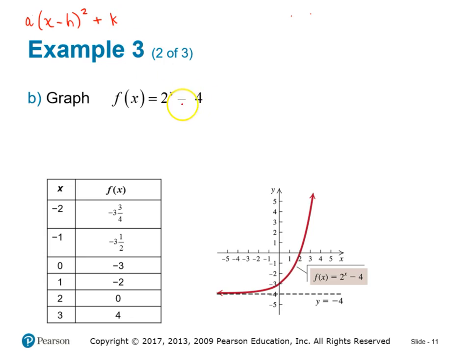All right, so when I have this minus 4, that's saying I'm going to go down or up. If it were a positive 4, it would go up 4. In this case, it's going to go down 4 units. Okay? And that should be pretty evident as to what's happening there. So in this case, our x is not affected, right? This is just whatever the x is, and then this is saying we shift this all down.